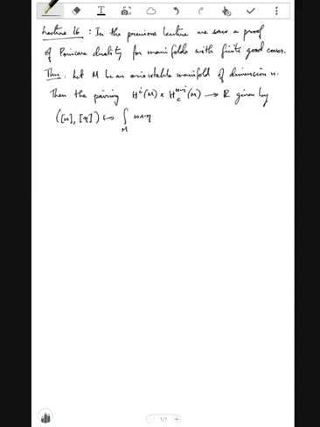This is a compactly supported form, and so we can integrate it. The pairing is non-degenerate.